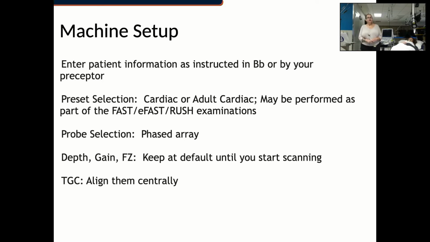Your exam preset should be cardiac or adult cardiac, but remember that you can perform a PLAX image in any of your fast exam settings, but that your probe indicator will be reversed. You're going to use a phased array transducer, and you're going to keep all of your other machine settings at neutral until you begin scanning.